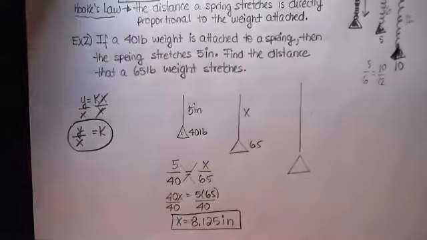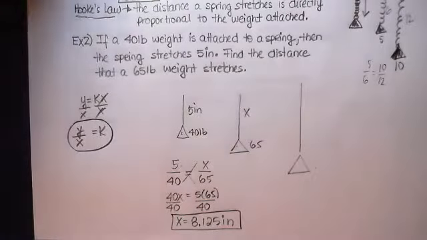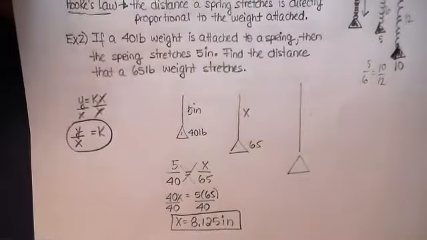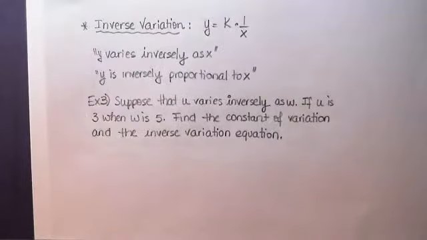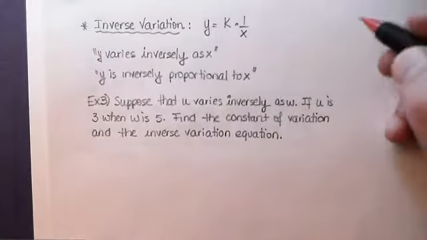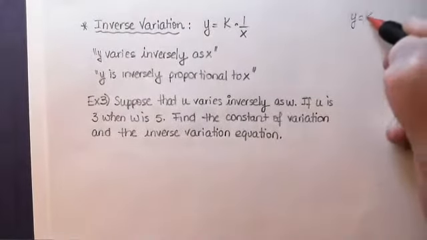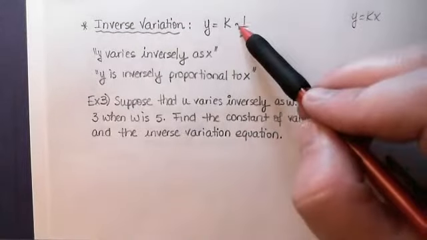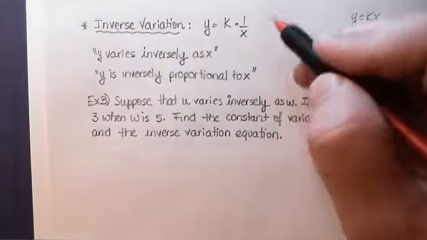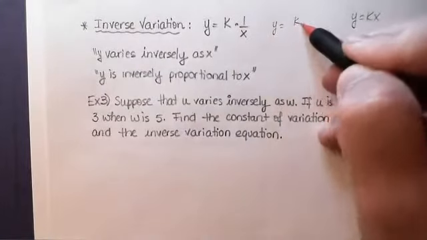Very well. Alright, let's go on to the next part of this lesson. We're going to talk now about inverse variation. If you remember, direct variation was y equals kx. Inverse variation is going to be y equals k times 1 over x, or you can write y equals k over x.